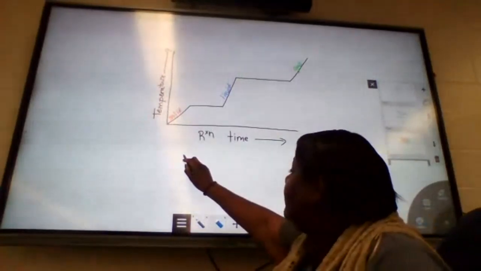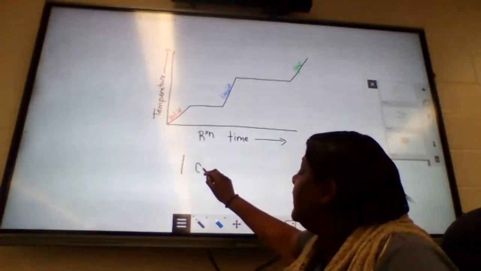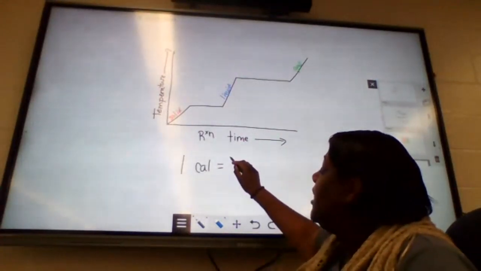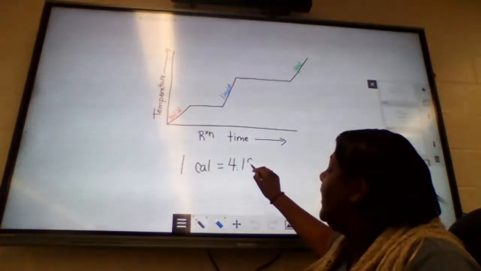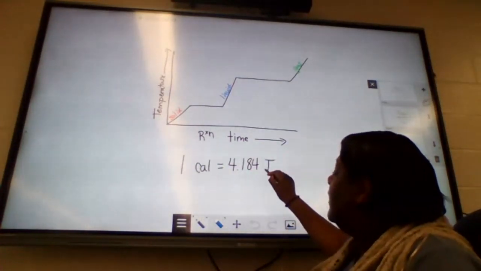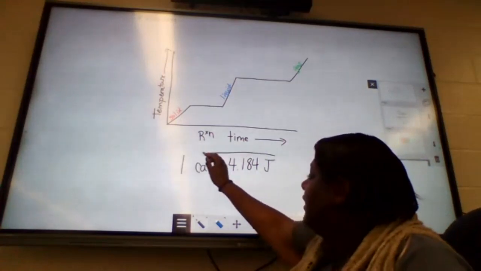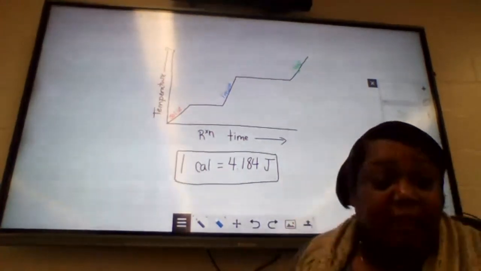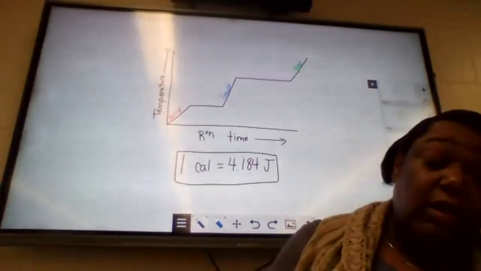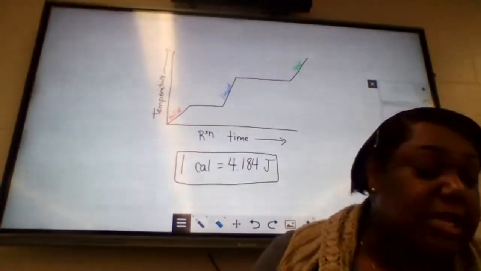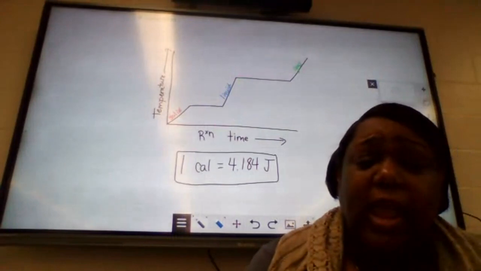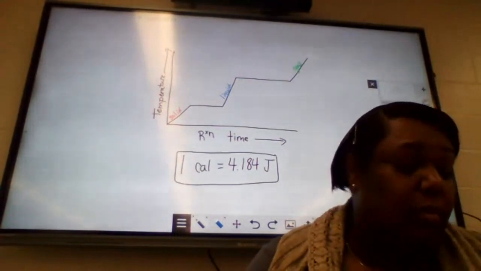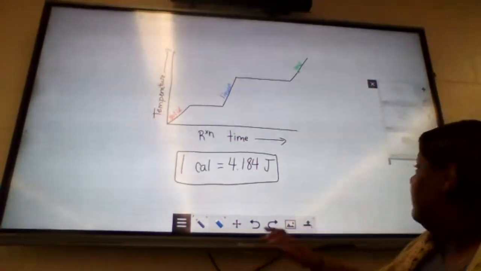Again, that conversion factor is that one chemical calorie equals 4.184 joules. That's a conversion factor that you need to commit to memory, because you will be using that as we move into the next section, which is on specific heat. And we'll talk a little bit more about that in just a moment.